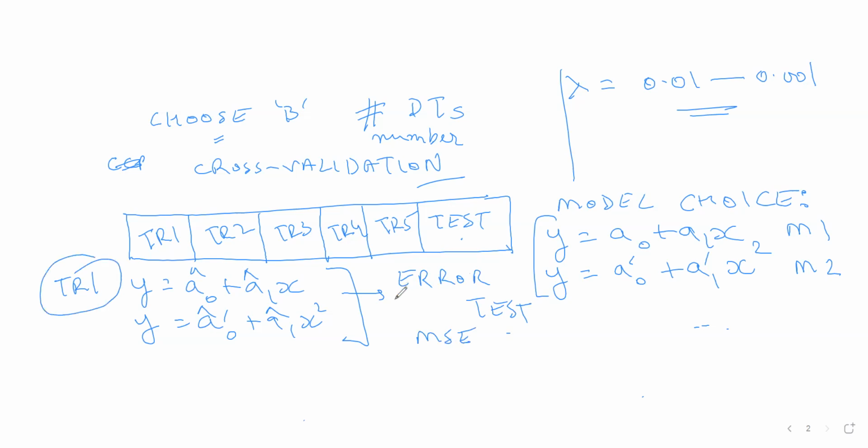Are you with me? Yes. We know the values of these parameters, because if I have trained on TR1, I already know the parameter values of these two. Yes. I have fit the data to these two models, and I already know the values of a0, a1.